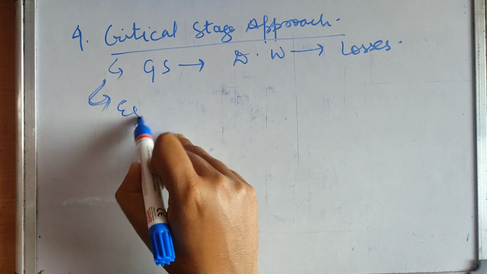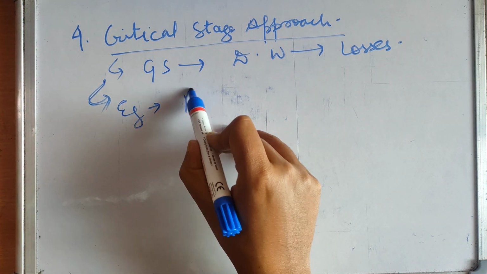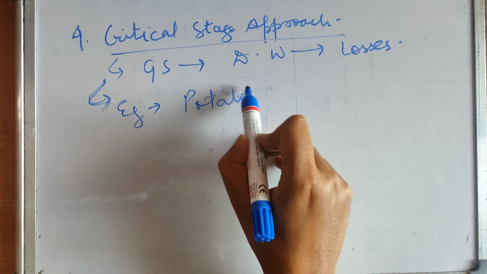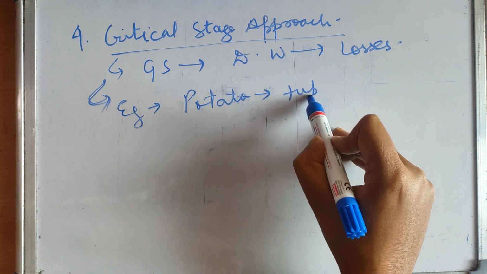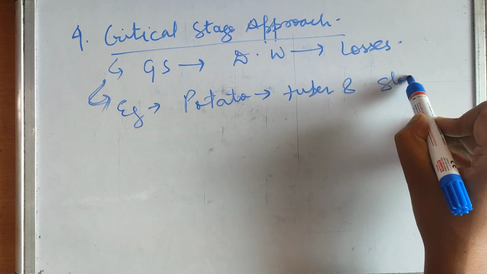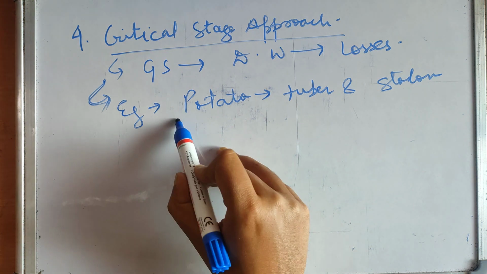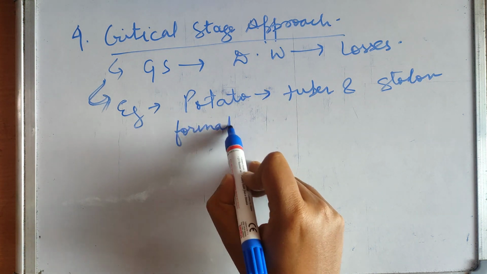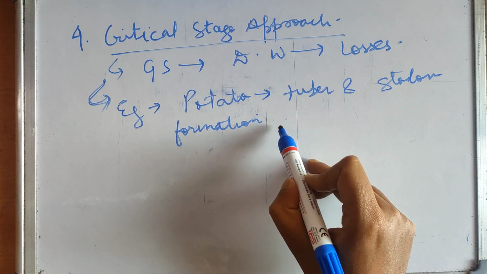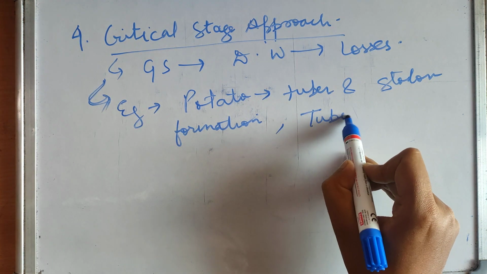For example, for potato, we need to do irrigation at tuber and stolon formation and the tuber enlargement stage.